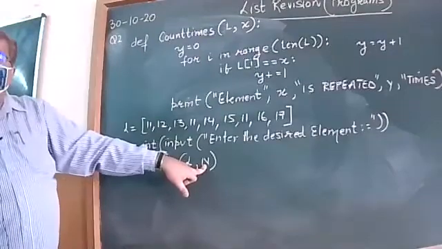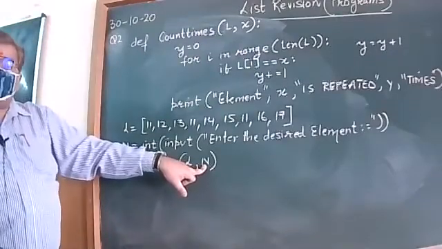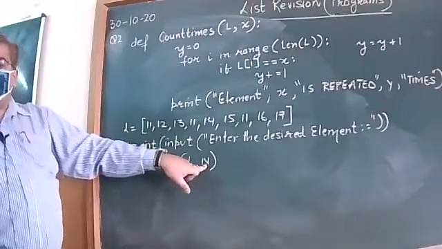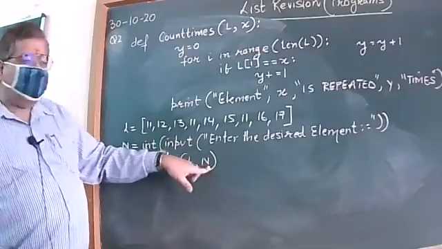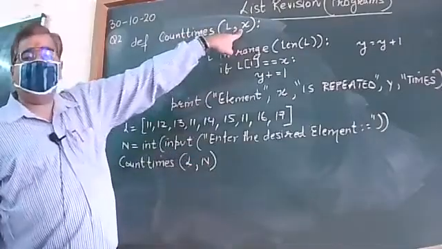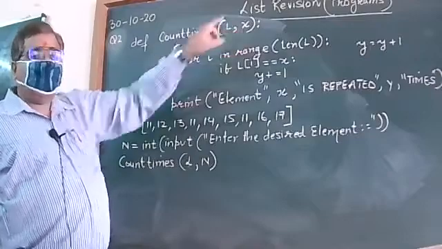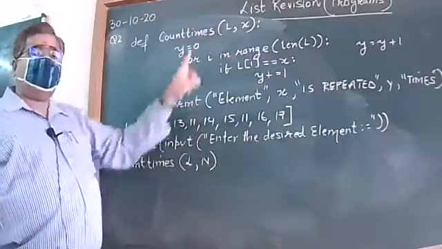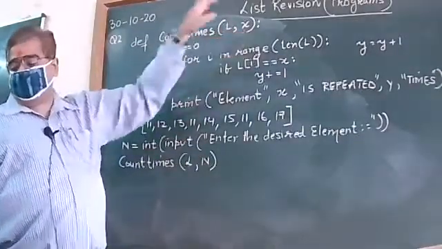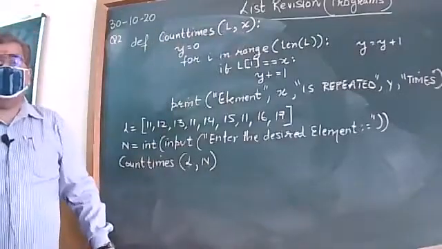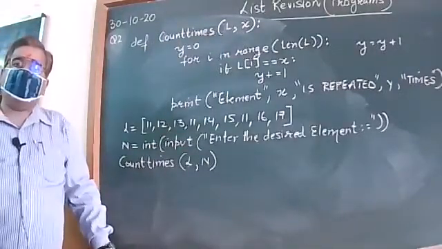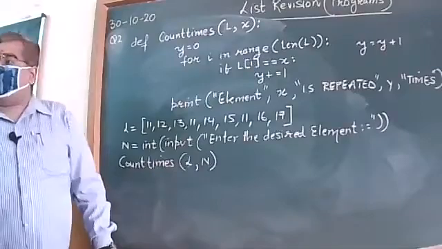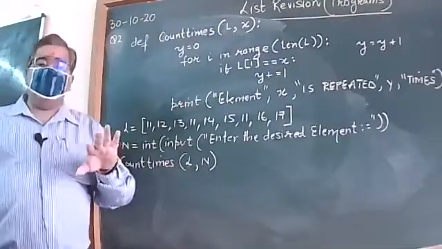The element which I am looking for is denoted by N here. This is the actual parameter, but in the formal parameter, I have changed the name to X. The value of N will be copied to the value X. Right? I told you in the last program, the name of actual and formal can be same or cannot be the same.